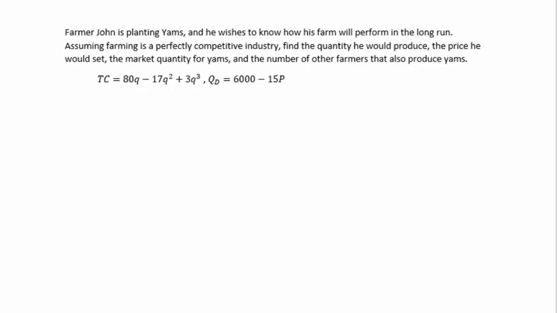The rule for profit maximization in the long run is different from the short run: the profit maximization rule in the long run is average cost equals marginal cost, which is different from the price equals marginal cost that we saw in the short run. That still applies, but it's not used for finding the profit maximizing quantity. So we want to find our average cost and our marginal cost so we can set them equal to each other.